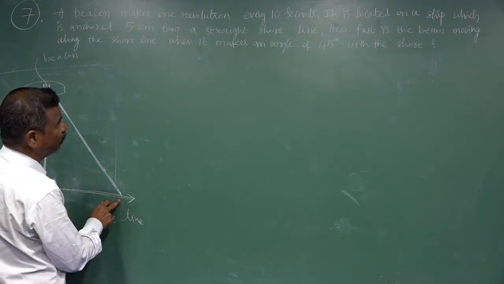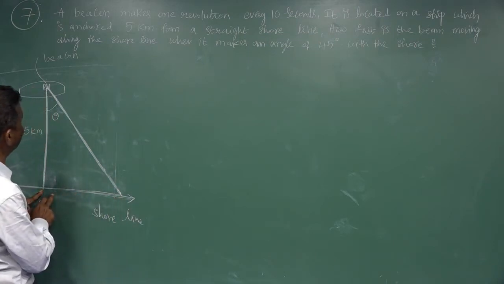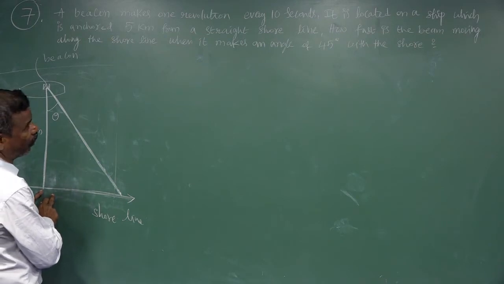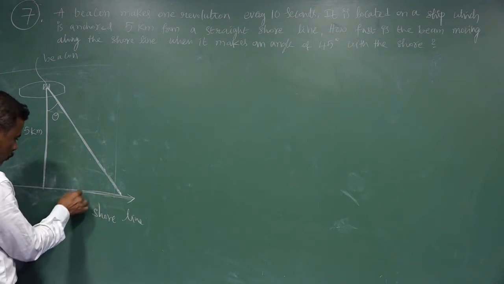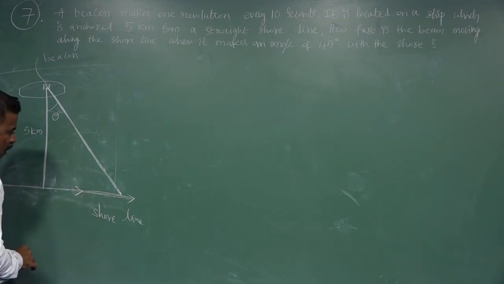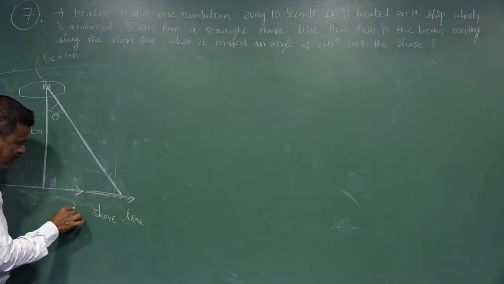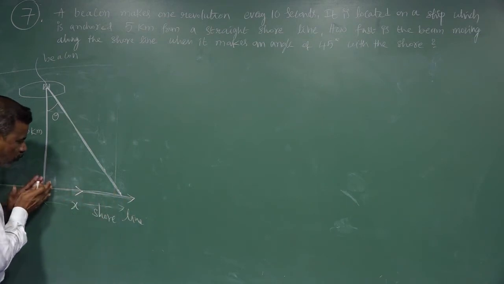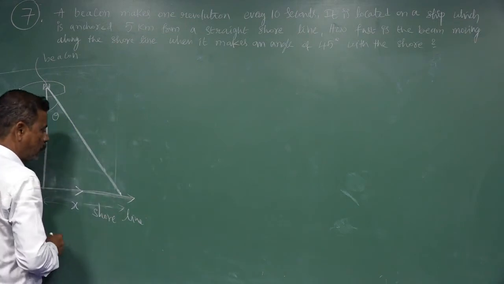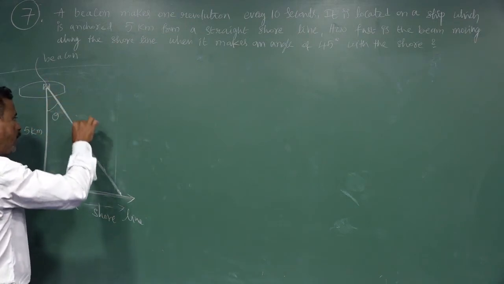He is asking how fast the beam is moving along the shoreline. So this length is, let us say, x. This is the beam length, moving towards this side. At that time theta is a variable like this.